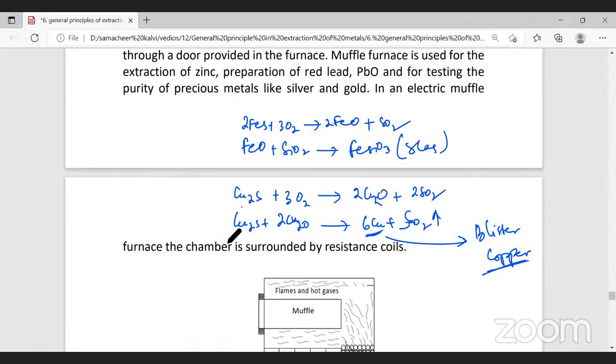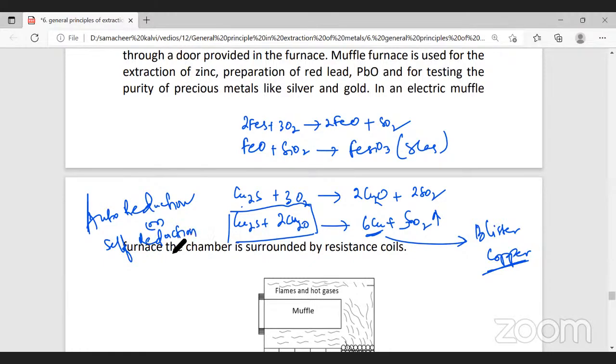Now, you can see this is an example for auto reduction, also called self-reduction. What is this auto reduction or self-reduction? A process in which one of the products itself behaves like a reducing agent is called auto reduction or self-reduction.